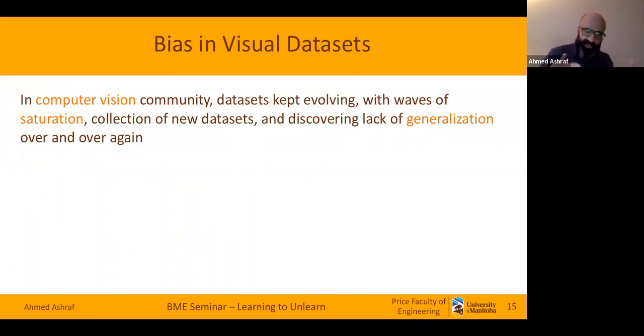And there is a long history of collecting data sets in the computer vision community. Just for historical perspective, even way back in the 1990s and early 2000s, this was the norm.